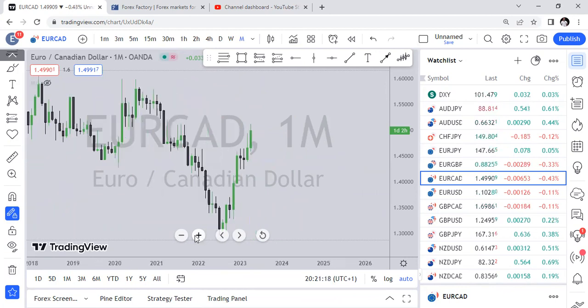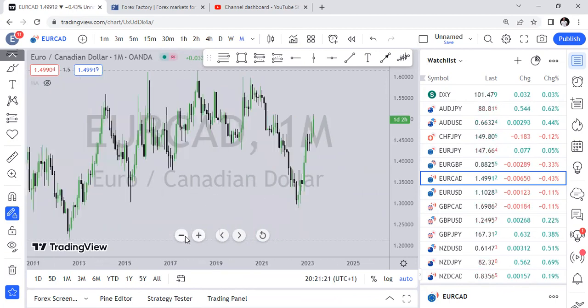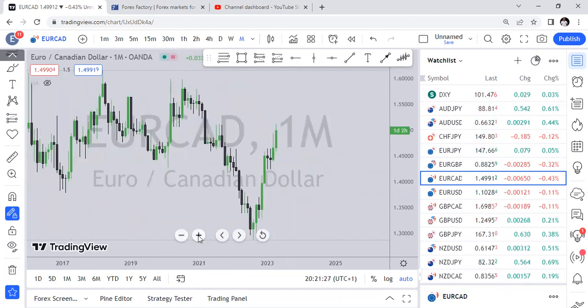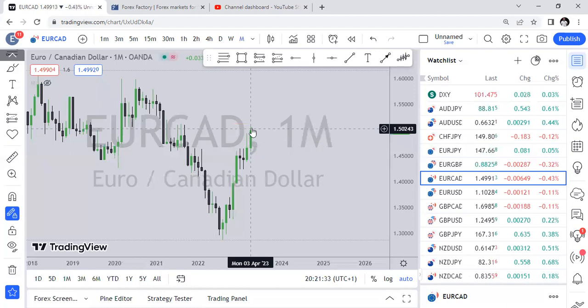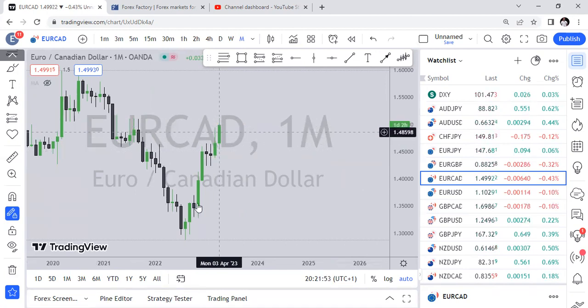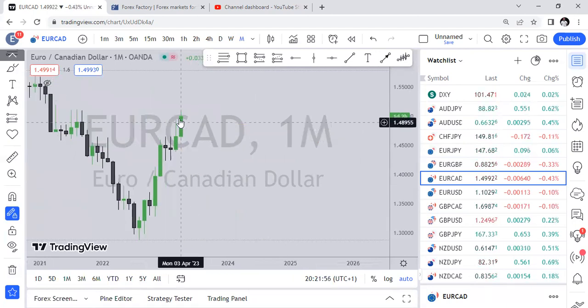In this monthly time frame, we'll see that it takes one complete month for each of these candles to form. For the remaining one market day in the month of April, this is what this currency pair has done for the entire month of April.